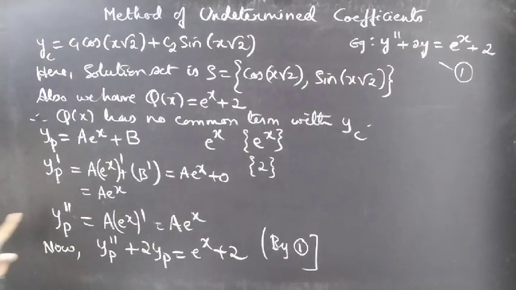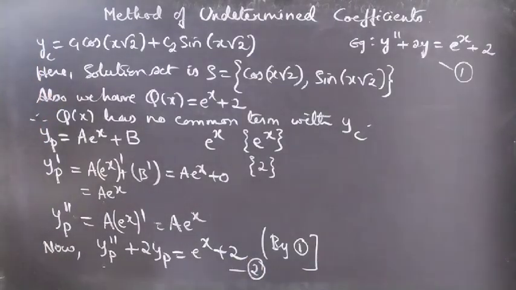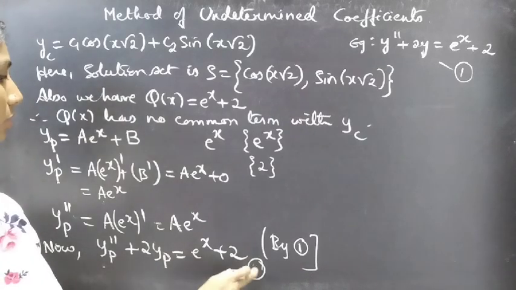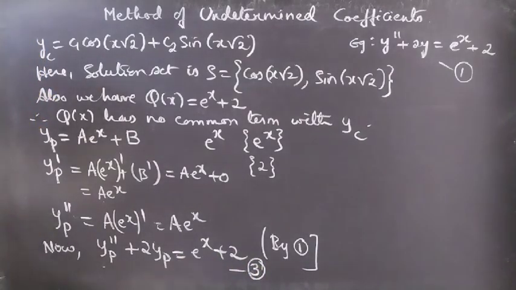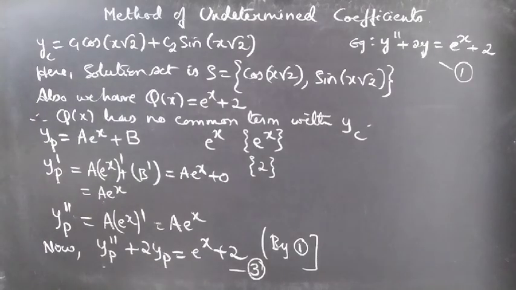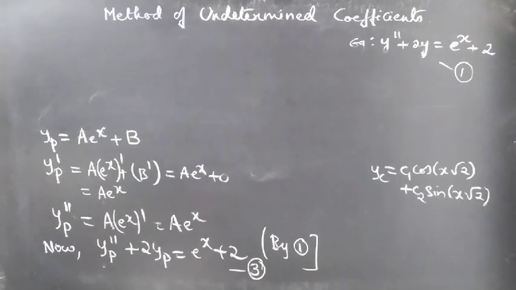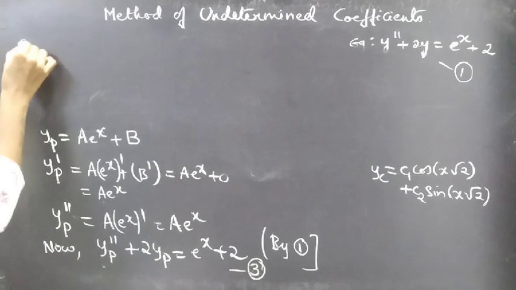Now substitute yp double dash and yp in it. Consider it as some equation 2 if you want. Not equation 2, it's equation 3, right? Already we have considered equation 2. Consider it as equation 3.